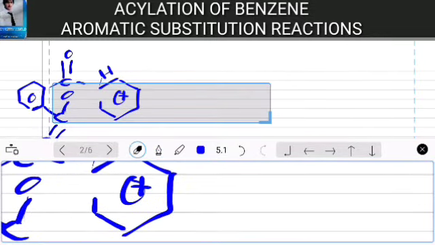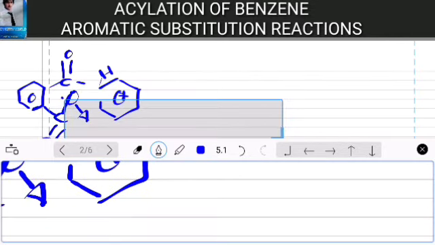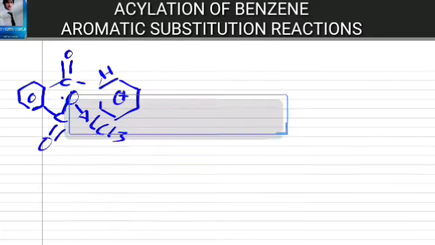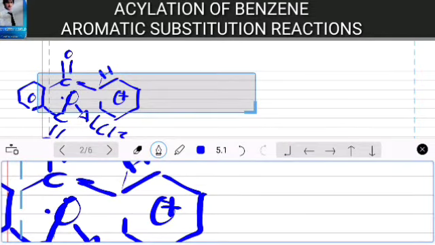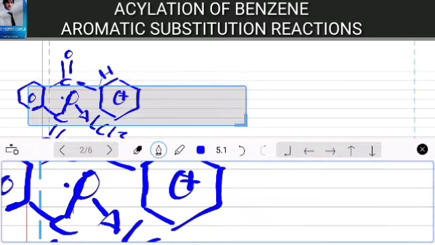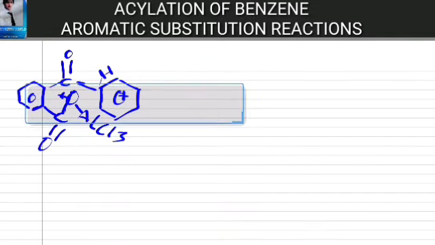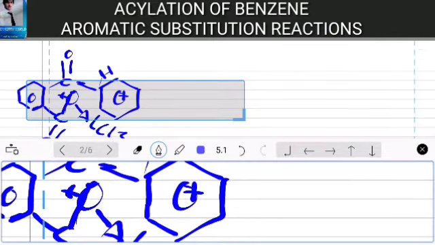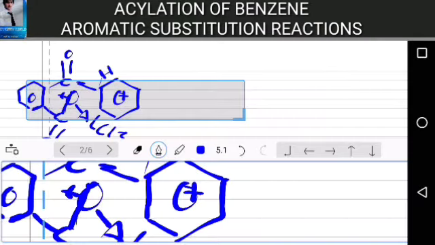This O is attached with AlCl3, and still positively charged, still negatively charged, and has a lone pair here.